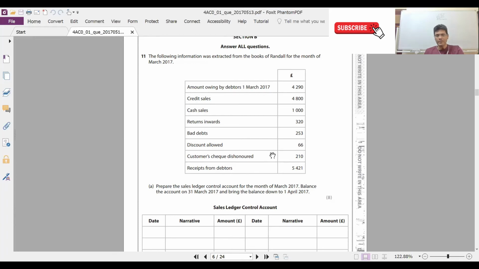Then customer's check dishonored. Dishonored means, what does it mean? Can anyone tell me the meaning of dishonored? Customer's check dishonored means the customer has already settled by a check. We went and deposited it in the bank.